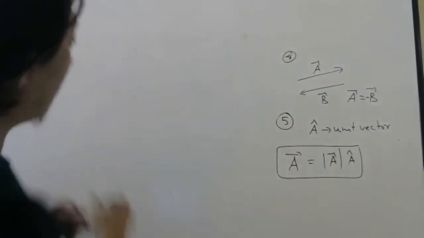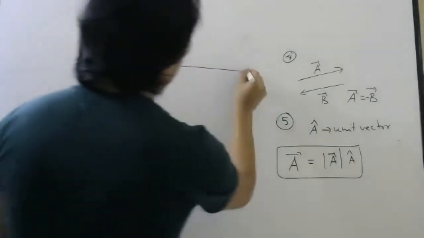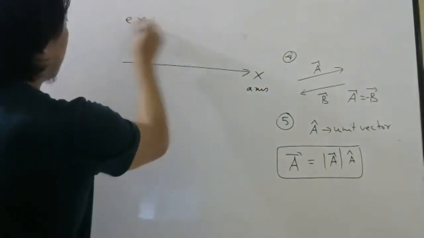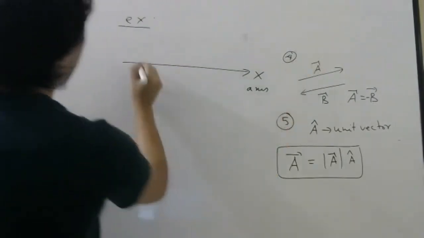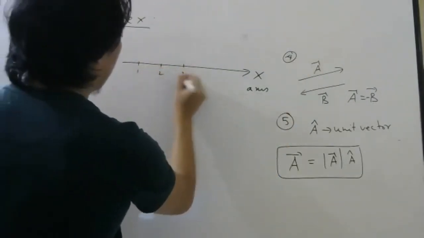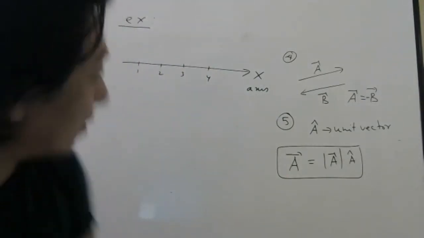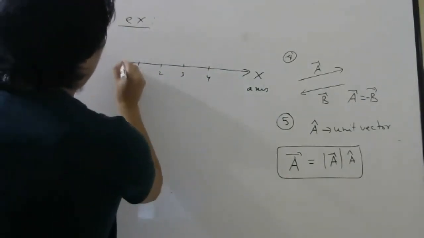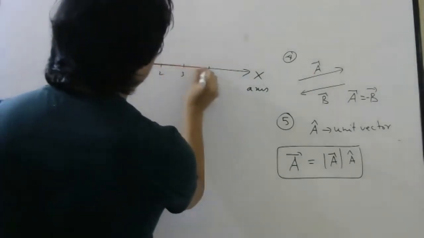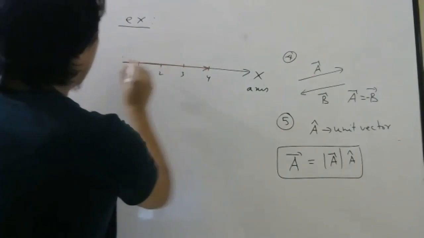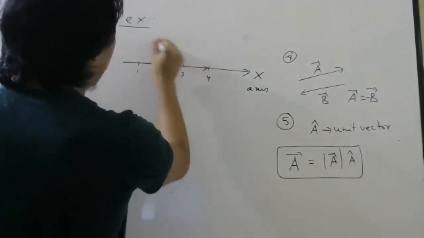So the last question we will do. Imagine this is your x-axis. 1, 2, 3, 4, some numbers I am writing. So suppose I draw a vector from here to here. This red vector is say A bar.